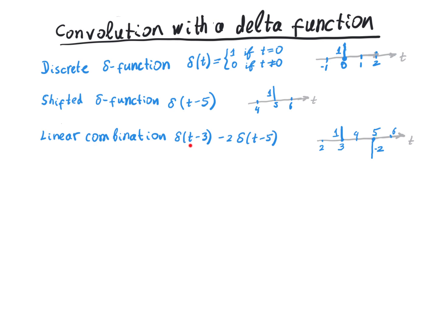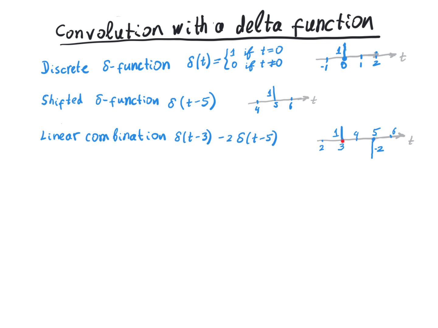Now, consider a linear combination of two delta functions, for instance, the delta function concentrated at 3 minus 2 multiplied by the delta function concentrated at 5. That's a function which is 0 everywhere except t equals 3 and t equals 5.